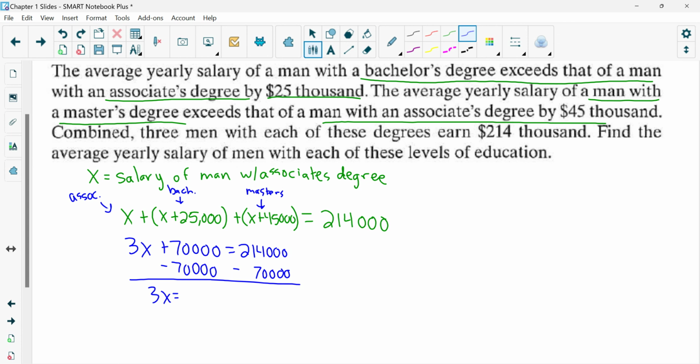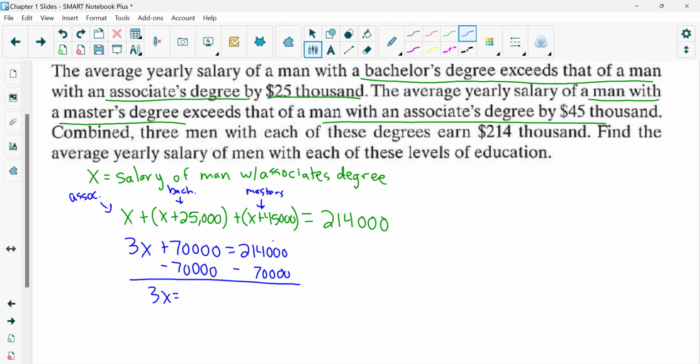So 214,000 minus 70,000. Sorry, what's 210,000 minus 70,000? Think about multiples of 7, or you can use your pocket calculator. What's 21 minus 7? Or 214 minus 70?